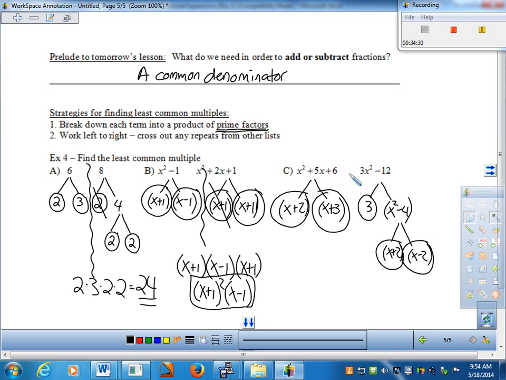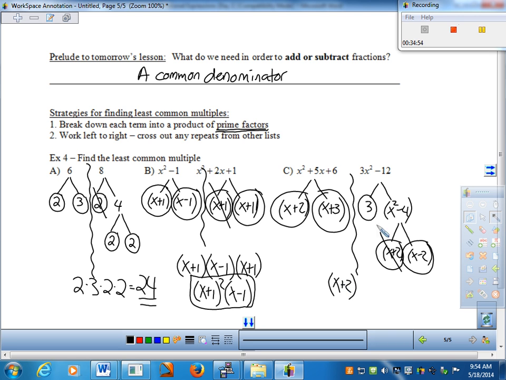Prime and prime, so that's good. I do this myself. I'll just go ahead and put a little vertical curtain in between. And then, as I said, I just work left to right. I would love for you to pause for a sec and see if you can pull this off. What would be the least common multiple of our terms based on the prime factorization? Well, I take the x plus 2, but notice this x plus 2 is identical to this one right here. I don't need it twice.